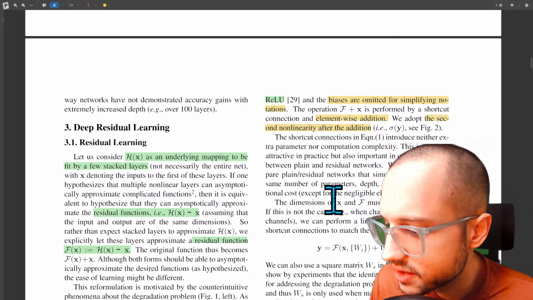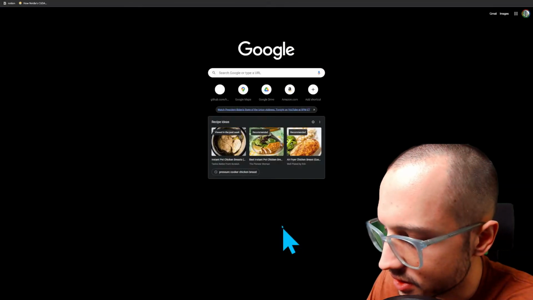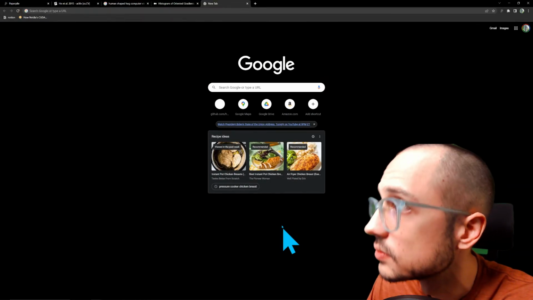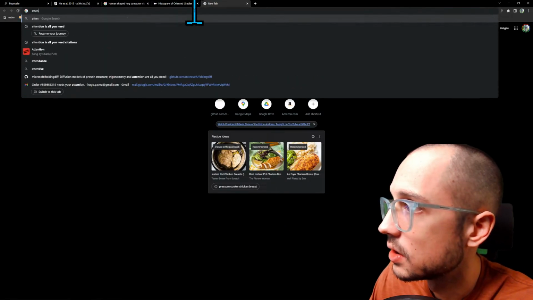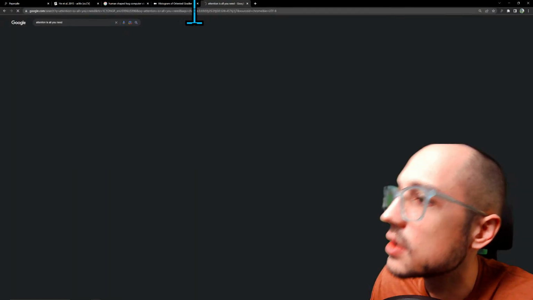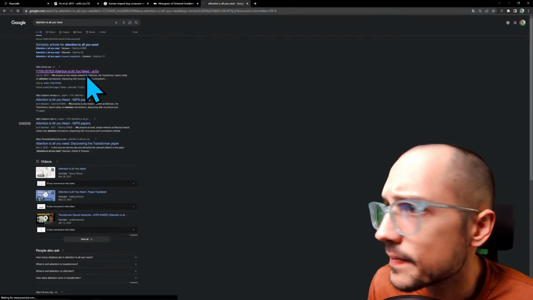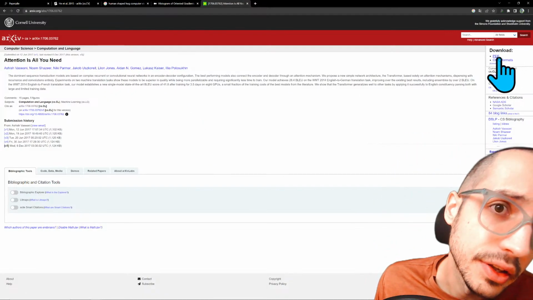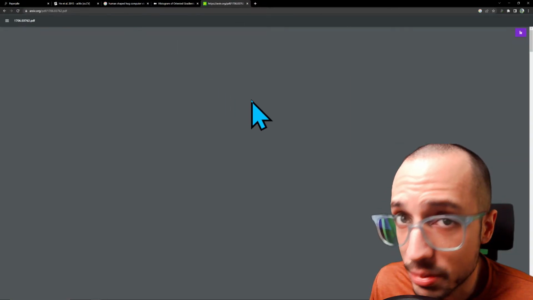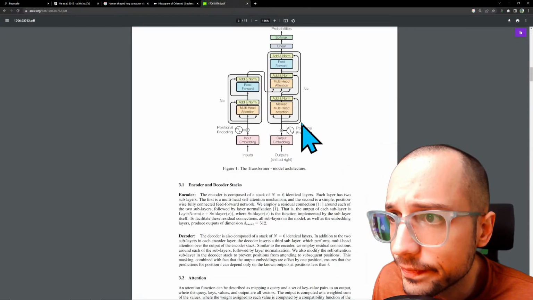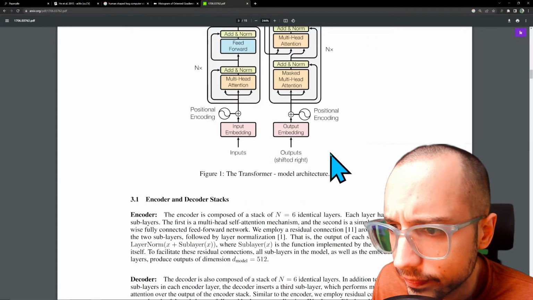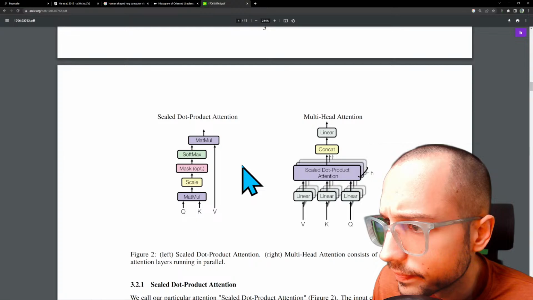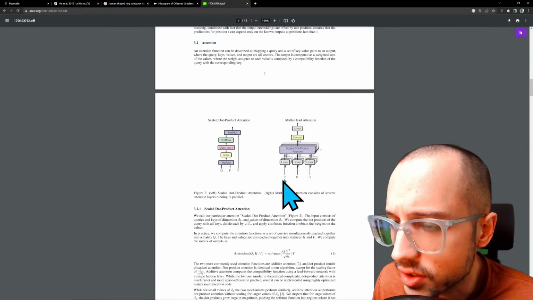Yeah, I wonder if that's going on. Let's actually look at the transformer, Attention Is All You Need. I'm wondering if the residual connection is applied before the... it's hard to tell.